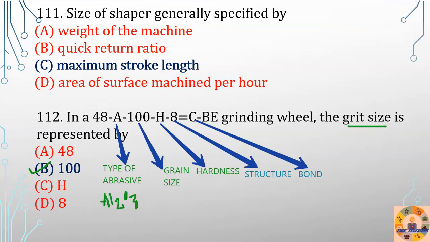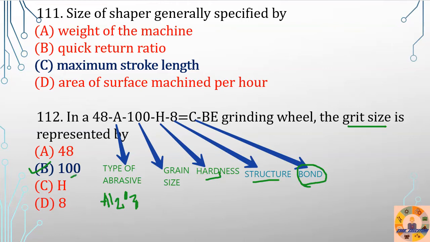H represents hardness, 8 represents structure, that means open or dense, and C represents bond, that means resin or vitrified, etc. So your correct answer is 100.